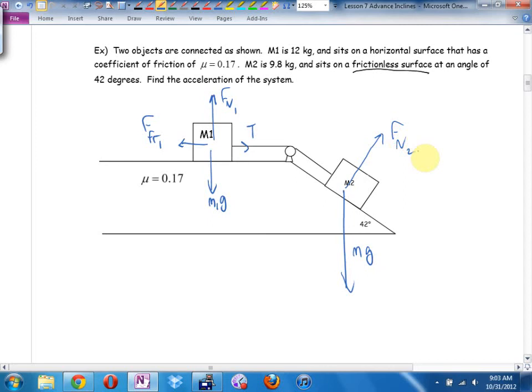What else? Yeah, tension, definitely. And we will break this up into its components. We will say, hey, this is M2G perpendicular, and this is M2G parallel. And I should have put a 2 on my mg over here, just to be careful.